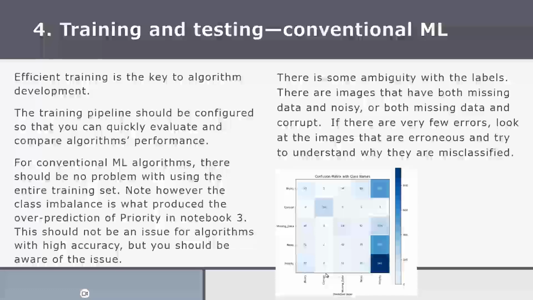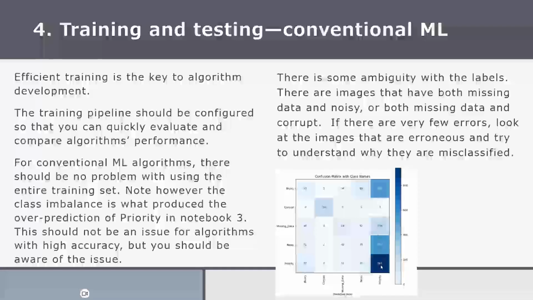So the classification tends to bias towards priority. And that's going to happen if you have unbalanced classes. So you might consider balancing your classes in your machine learning algorithm training, but I don't think it's going to be a big issue for algorithms with high accuracy, because you're not going to get large amounts of misclassified instances like you would here.